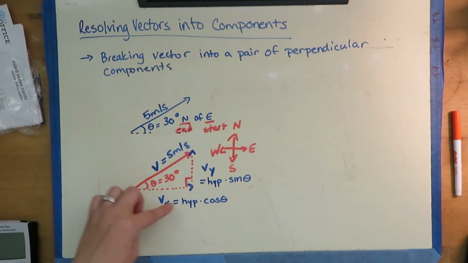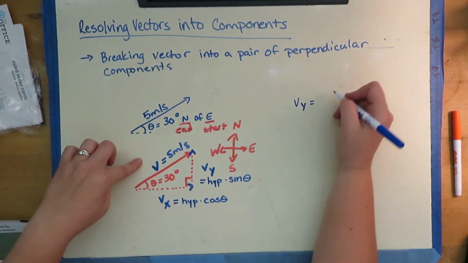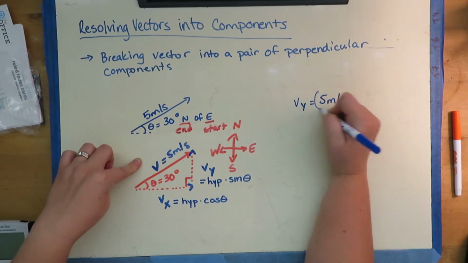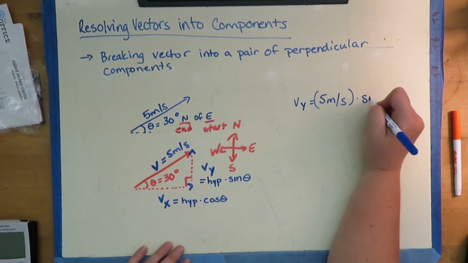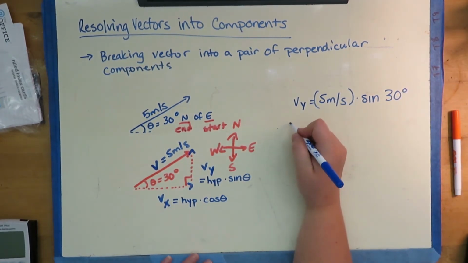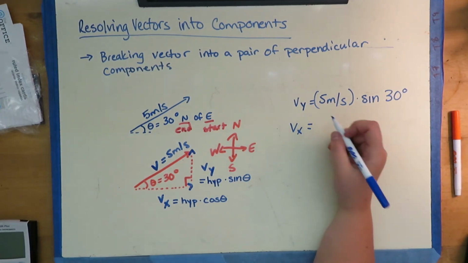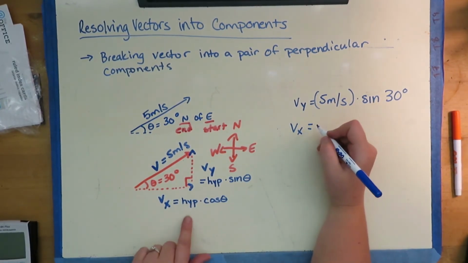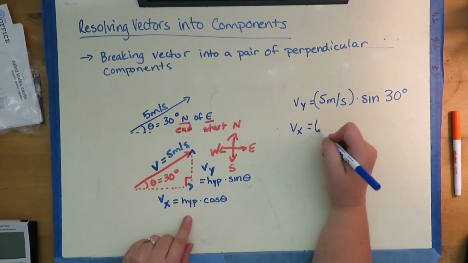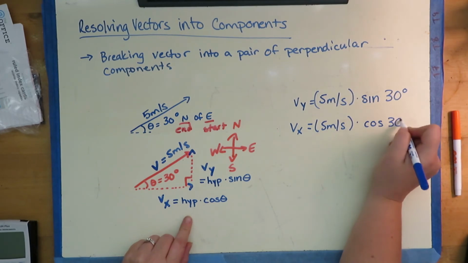If I wanted to find these two components, my Vy would be hypotenuse, which is 5 meters per second, times sine of my angle 30 degrees, making sure that your calculator is in degree mode. You'll find that when you work in pre-cal and calculus at the same time, you spend a lot of time in math class in radians mode. You need to make sure you're in degree mode when you come to physics for most of what we do. And then my Vx component is going to be 5 meters per second for my hypotenuse times cosine of 30 degrees.